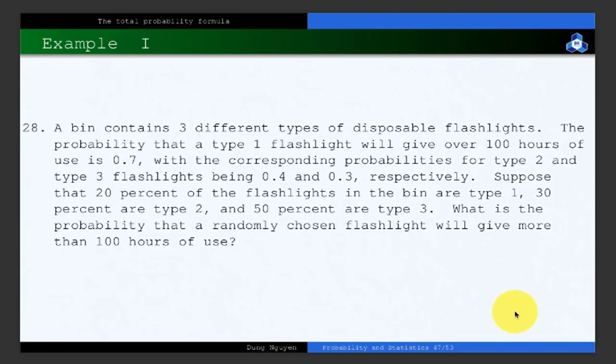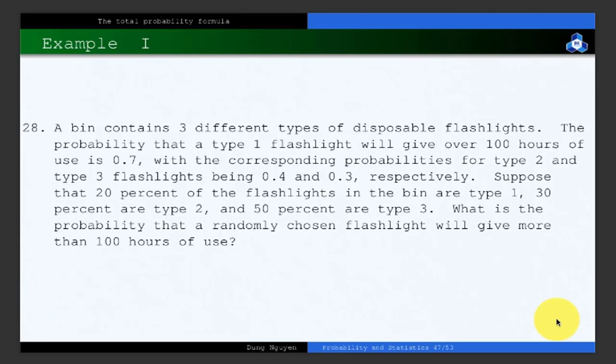Another example. A bin contains 3 different types of disposable flashlights. The probability that a type 1 flashlight will give over 100 hours of use is 70%, with the corresponding probabilities for type 2 and type 3 flashlights being 40% and 30% respectively.